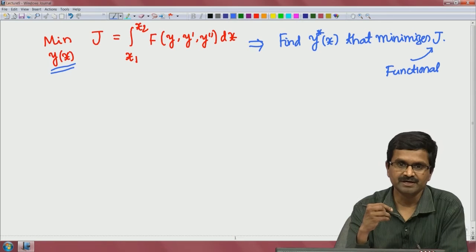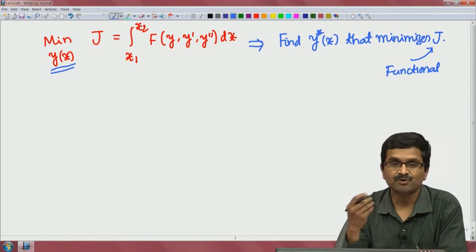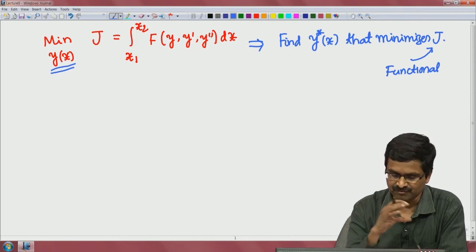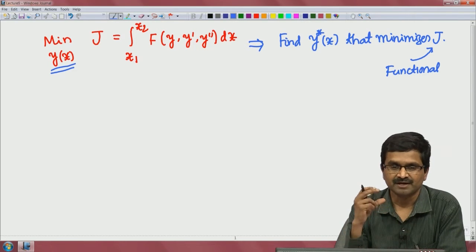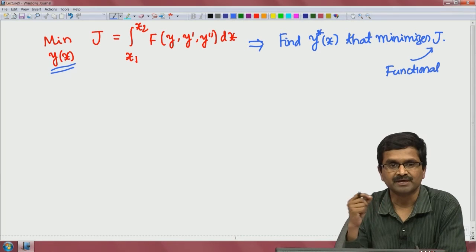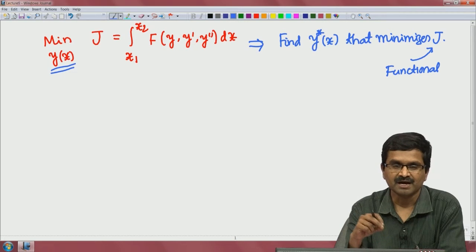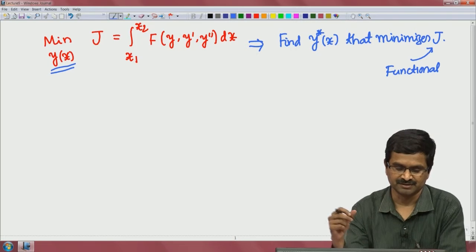For that we need to take the equivalent of the derivative or gradient. Equivalent meaning if we consider where the unknowns are x1, x2, xn, then we took the gradient and said that the gradient should be equal to a 0 vector. Now, we take the Gateaux variation and set that equal to 0, that becomes the necessary condition. Okay.